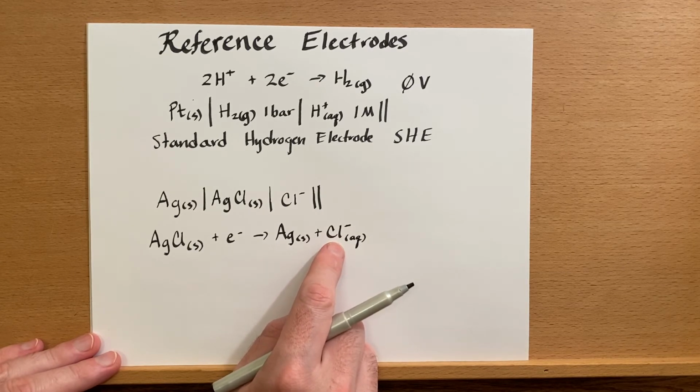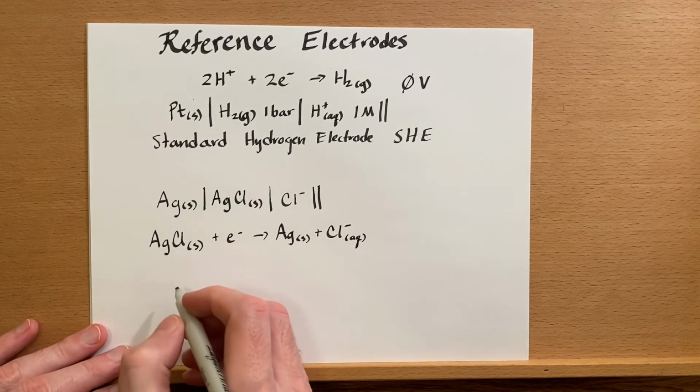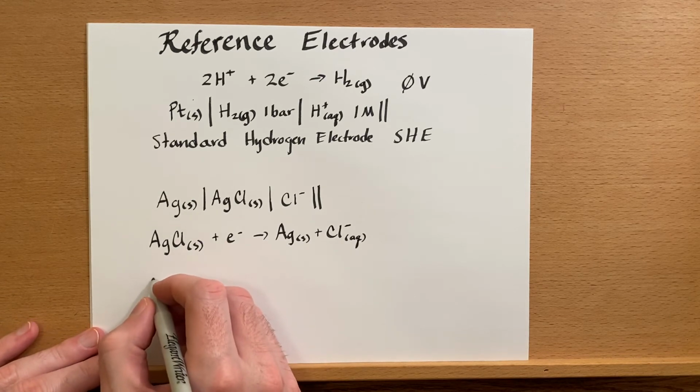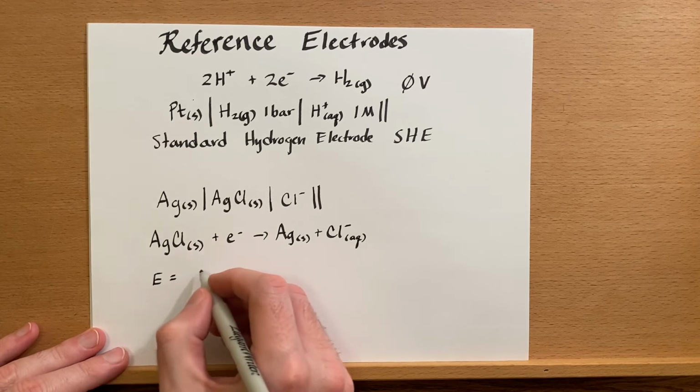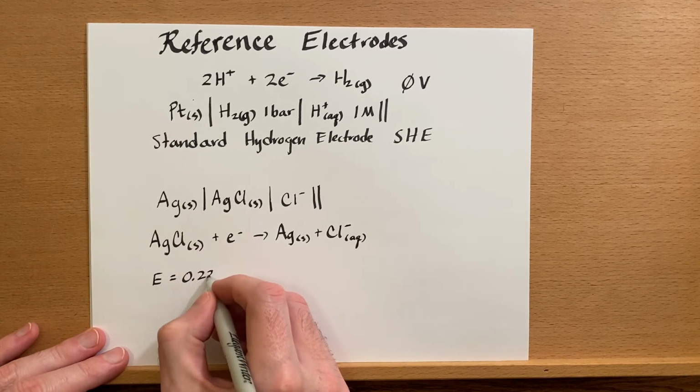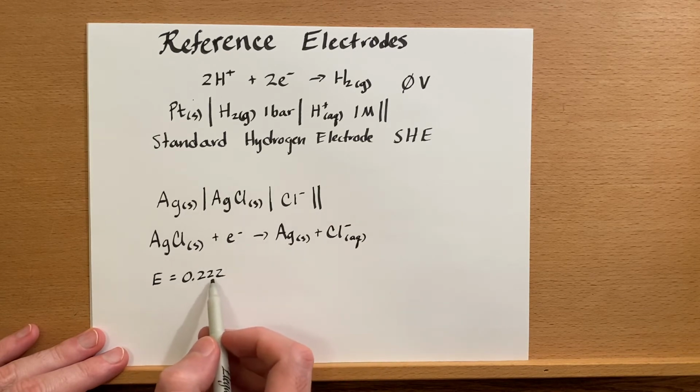Now, if we think back to the Nernst equation, we can see how this might be to our advantage. The Nernst equation for this reaction would be this. The standard reduction potential for this reaction is 0.222.